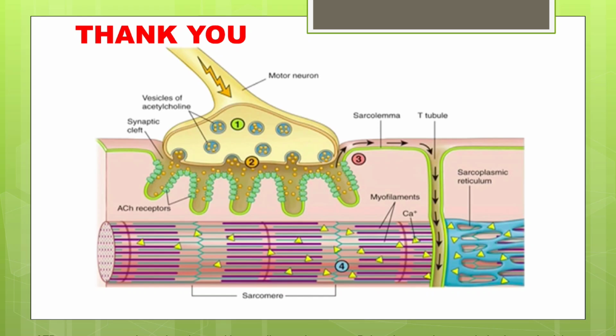Calcium binds to troponin, exposing actin binding sites for myosin, forming cross bridges that slide filaments, shortening the sarcomere. ATP powers contraction, relaxation, and ion gradient maintenance. Relaxation requires repolarization and calcium reuptake. Energy is regenerated via phosphocreatine and anaerobic metabolism, ensuring continuous muscle function.